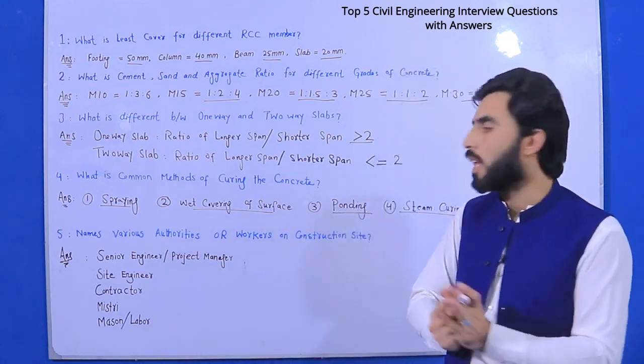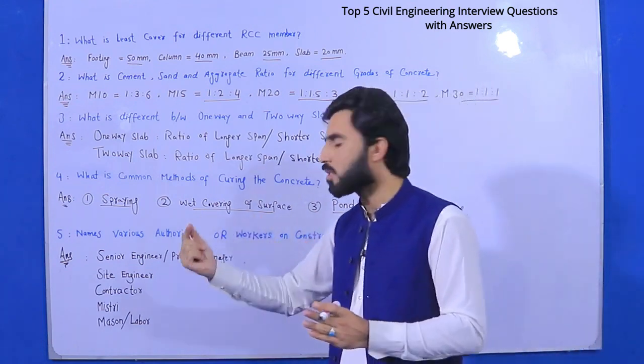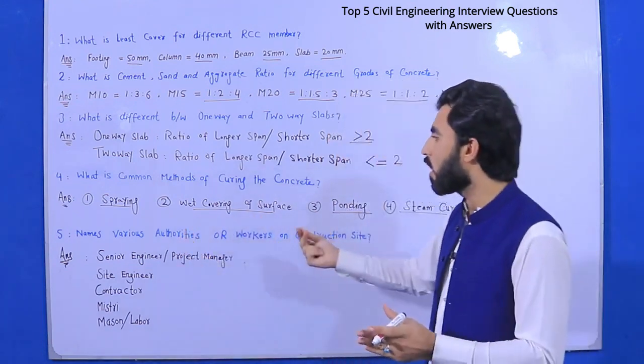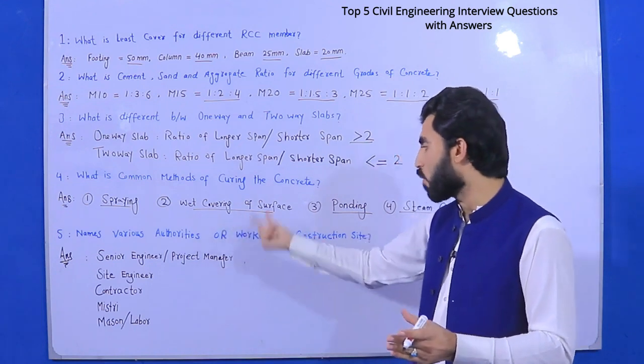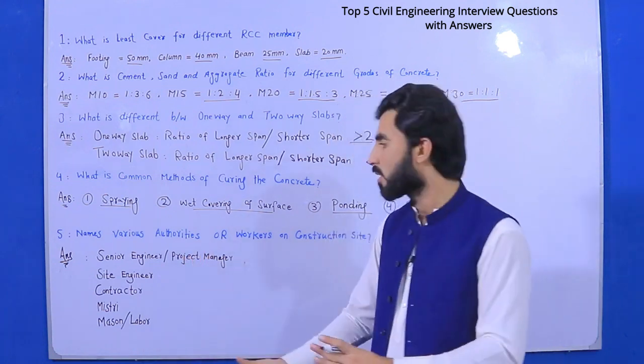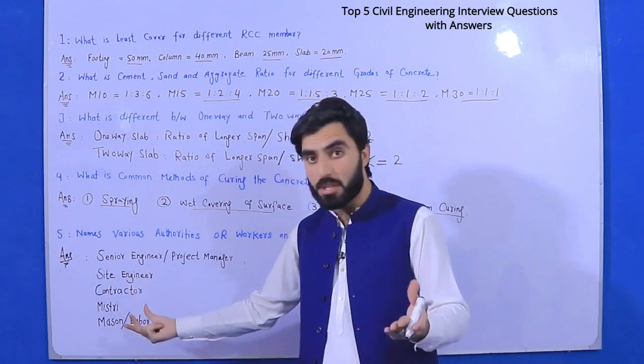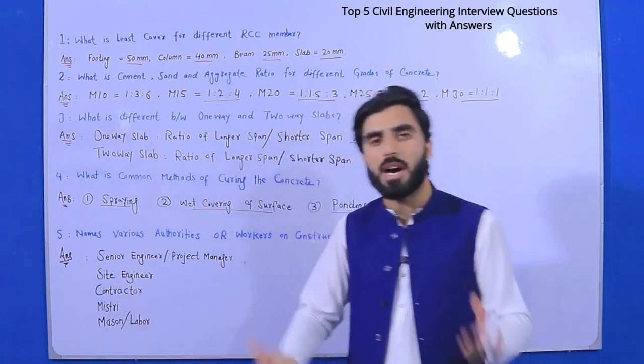Tell me the names of those persons. So remember, the various authorities of workers on a construction site are senior engineer or project manager, second site engineer, third contractor, fourth mistri, and the last one mason or labor.